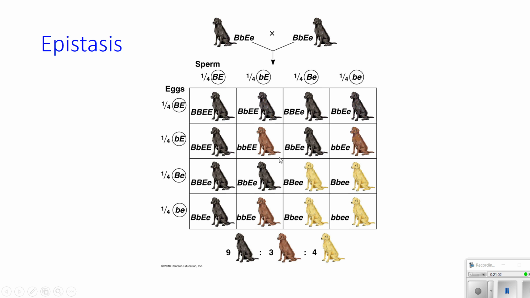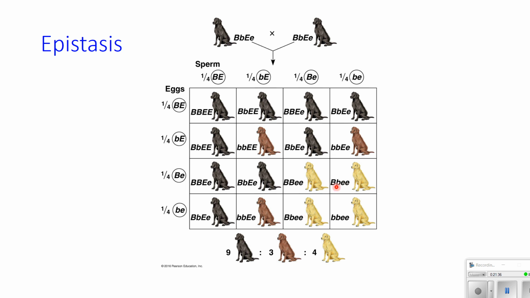So a chocolate lab is going to always be homozygous recessive for the first gene, little b, but it would also have to have at least one big E. Okay, let me get my laser pointer going here. So yeah, homozygous recessive for the first gene, but at least one big E in order to get that brown color into the hair. And then notice any pup that is little e, little e is yellow.